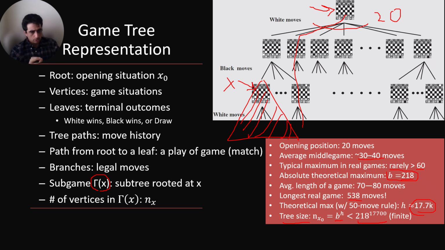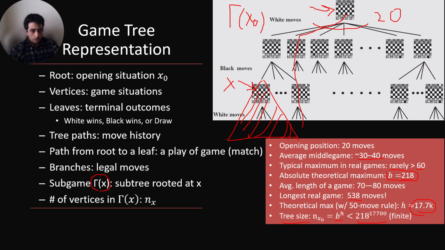If you want to consider the whole game as a subgame, you can call it gamma of x0, where x0 is the root. So the whole game would be the subgame of the x0 position, which is the opening position. But you can define a subgame for every single state of the game, which is every single vertex in this tree. And that would be the subtree rooted at that vertex.